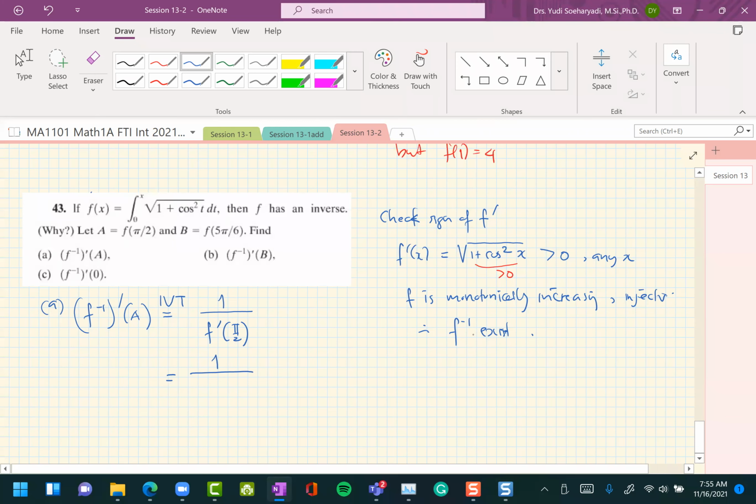If you plug in pi over 2, this is 1 plus pi over 2 times cosine pi over 2, that's 0. This one is 0, this is just 1, so that's it. So you get 1.